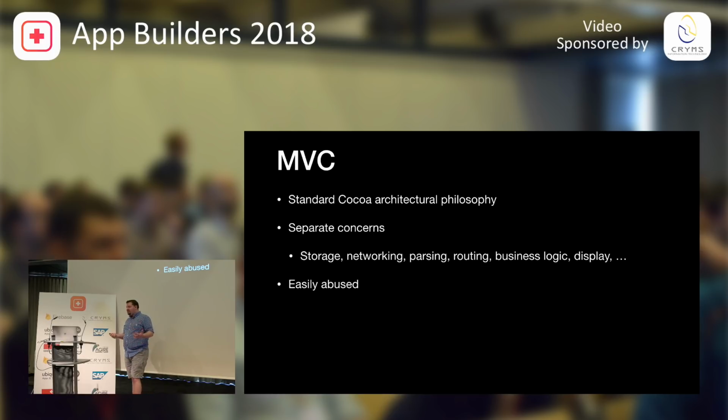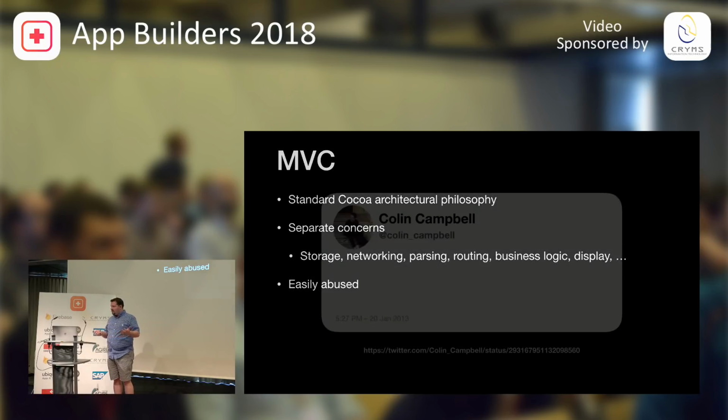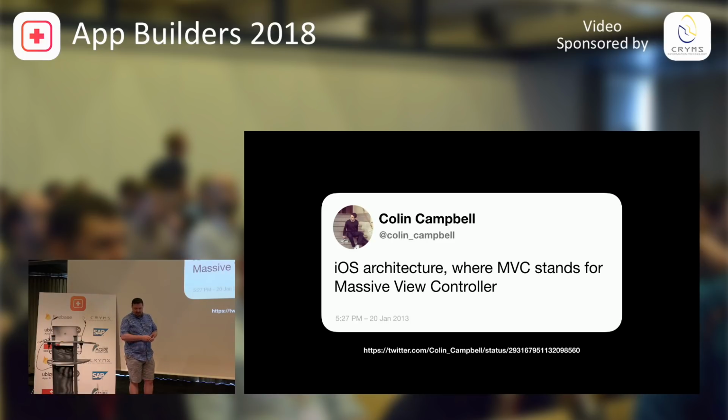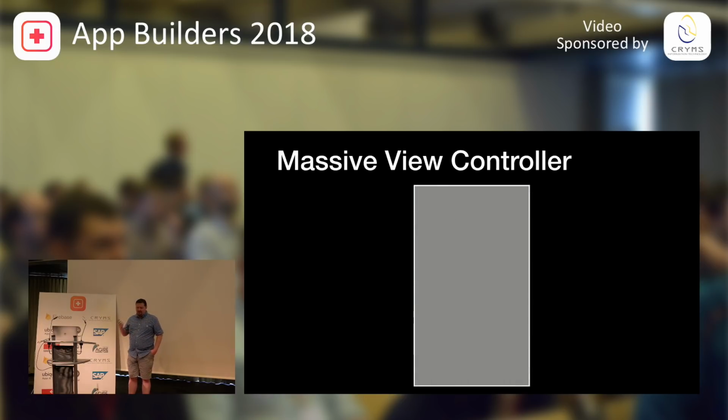However, MVC is easily abused, and the common joke is that MVC doesn't actually mean Model View Controller, but Massive View Controller. And this is a problem. Massive View Controller is the idea that you have a UIViewController and you start loading things into its behavior, such as dealing with loading your views or your xibs or your storyboards.